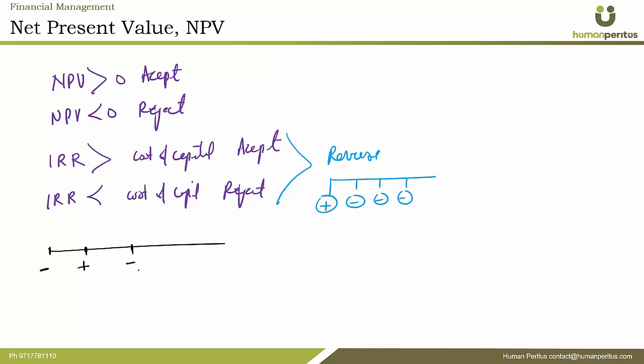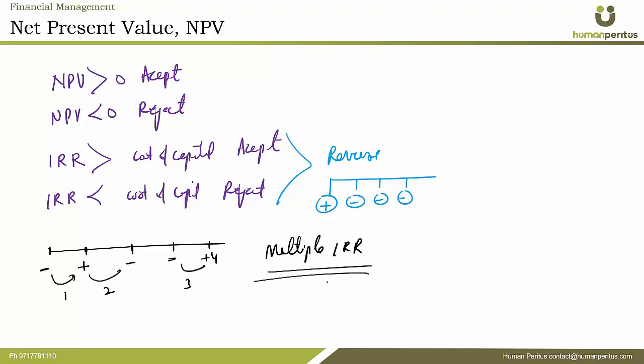So sign change is happening more than once, one time, two times, three times. So there are three sign changes. What will happen when you try to calculate IRR for this case? You will get multiple IRRs, which becomes a problem for us. Then how will we compare and decide?